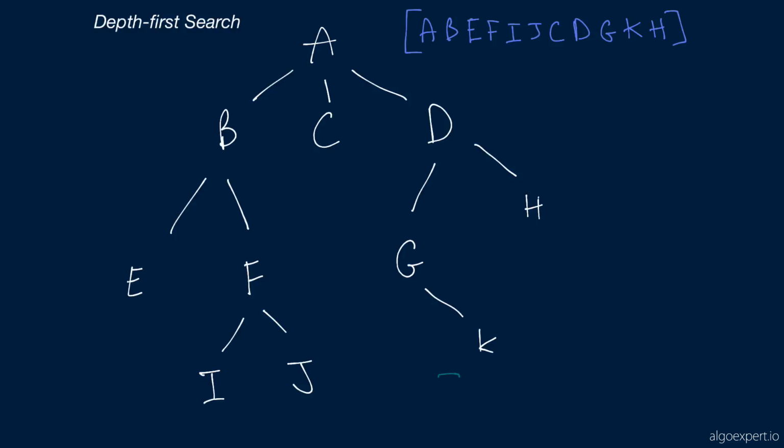So let's actually look at an example of this with the example that we have in front of us, and we'll rebuild our final array here at the bottom. So we start at the node A, the root node, and we call the depth-first search function on it. So the first thing we do is we add the letter A to the final array.